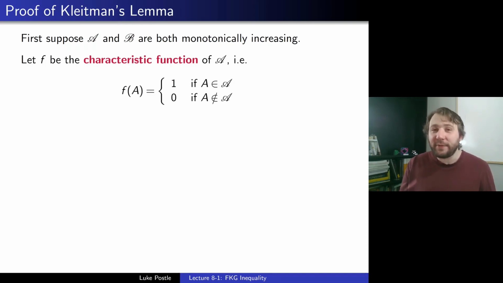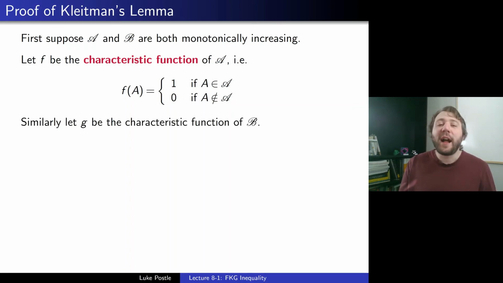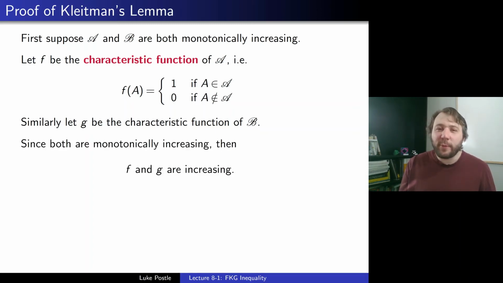Well, you want to apply the FKG, so you let f be the characteristic function of the family A, where f of a is equal to 1 if a is in the family and 0 if it's not. So you just put a 1 when you're in the family and 0 when you're not. Similarly, we'll let g be the characteristic function of B. If both are monotonically increasing, then it means that f and g are increasing.